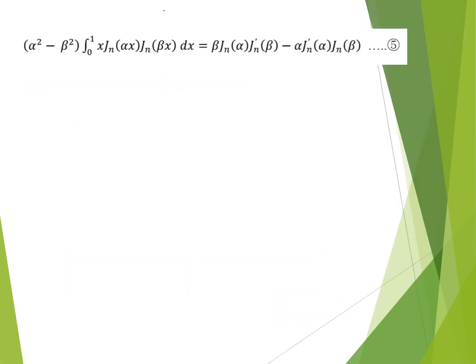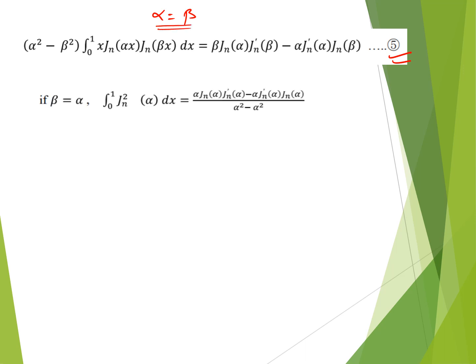Now for the case when alpha is equal to beta, we are considering the fifth equation. If alpha is equal to beta, then we have to neglect this term, and the LHS will be the integral from 0 to 1 of Jn square (alpha x) dx, and on the right side we receive alpha Jn dash alpha minus alpha Jn dash Jn(alpha) upon alpha square minus alpha square, that will be of the form 0 by 0.